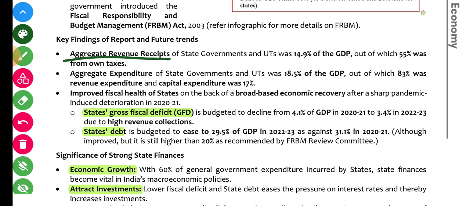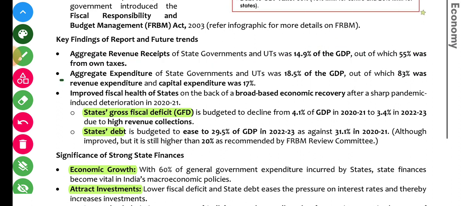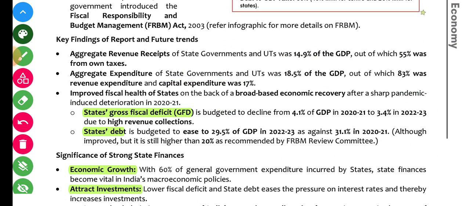Aggregate revenue receipts of state governments and union territories was 14.9% of the GDP, out of which 55% was from taxes. Aggregate expenditure of state governments and union territories 18.5% of GDP, 83% was revenue expenditure and capital expenditure only 17%. So you can remember this point.